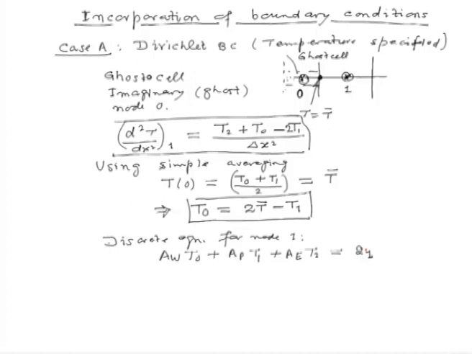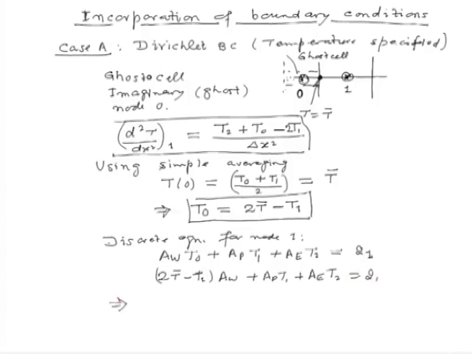So what changes do we need to make? If we substitute for T0, that AW term would vanish, and the contribution we will have here is 2 T bar minus T1 multiplied by AW, plus AP T1 plus AE T2 is equal to Q1.